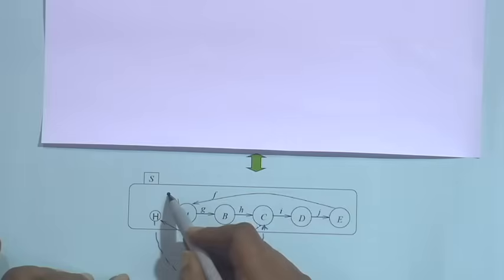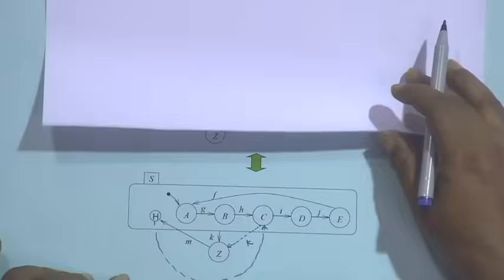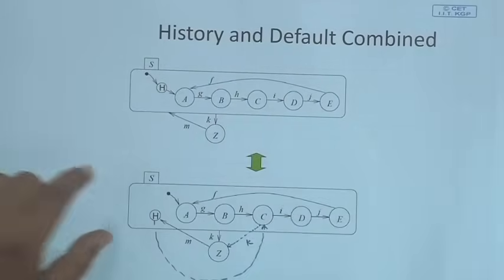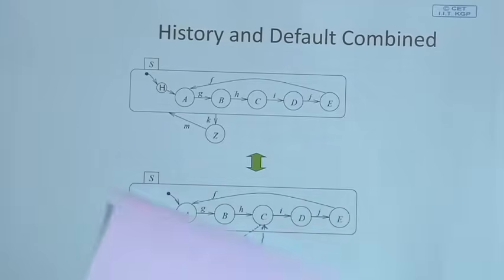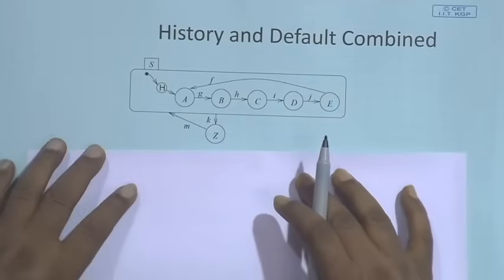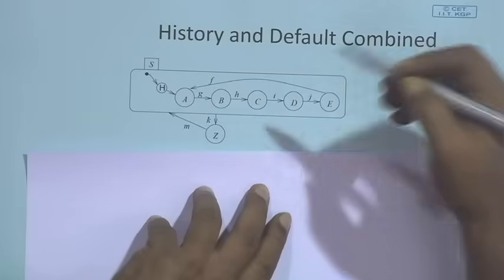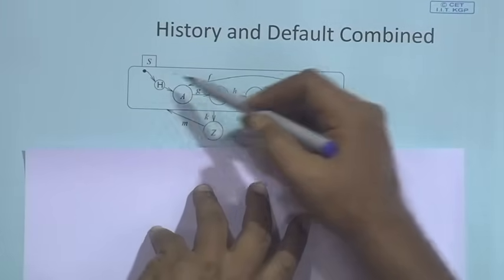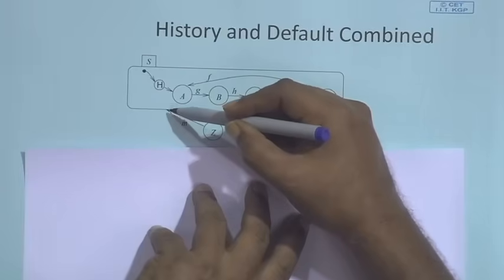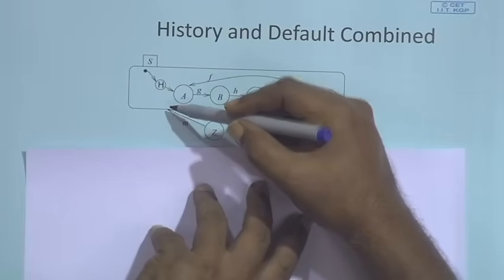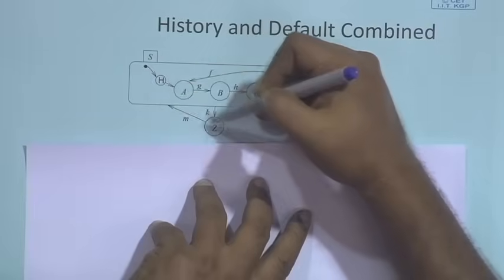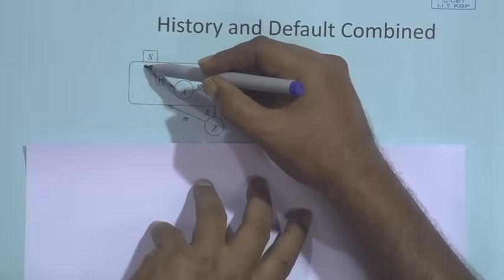Now, can we combine this history node and this default entry node? As this diagram shows you, the history and the default can be combined in this way, that when I enter M, I will go to S. I will enter S and I will go to the default node.